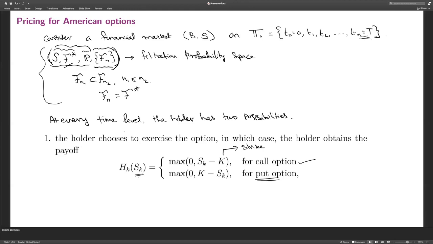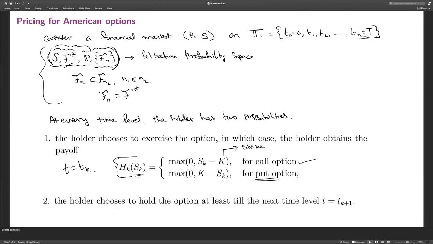Therefore, the holder gets this payoff if he or she chooses to exercise the option at time t equal to Tk. Now the next possibility is, obviously, the holder may choose not to exercise the option at the time Tk, in which case the option will be carried over to the next time level t equal to Tk plus 1.